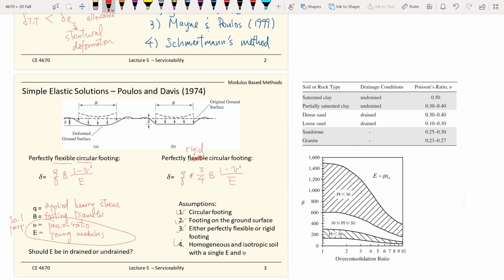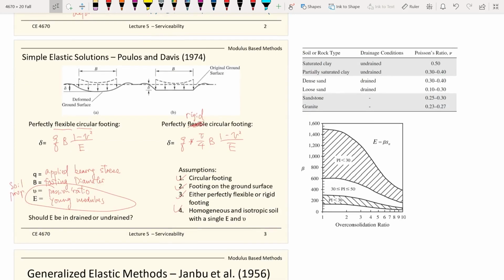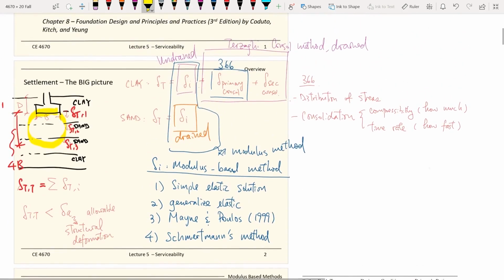So I put some tables on the right hand side for us to be able to estimate the soil properties to be used, and there are questions to ask. Should both the modulus and the Poisson ratio be drained or undrained? That's why in the previous slides we talked about that.